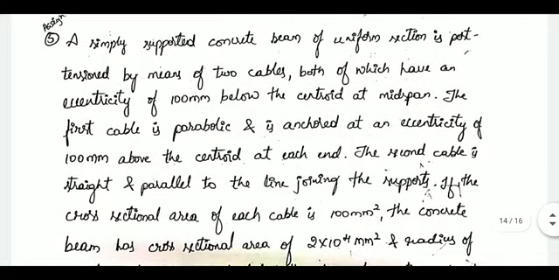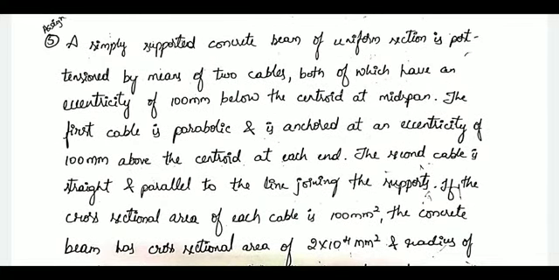So remember, see here, the first cable is parabolic, anchored at an eccentricity of 100 mm above the centroid, and both cables have an eccentricity of 100 mm below the centroid axis.